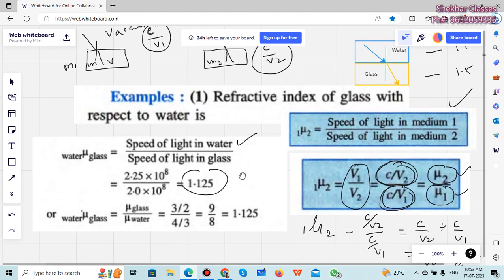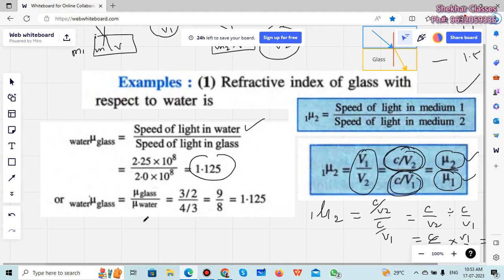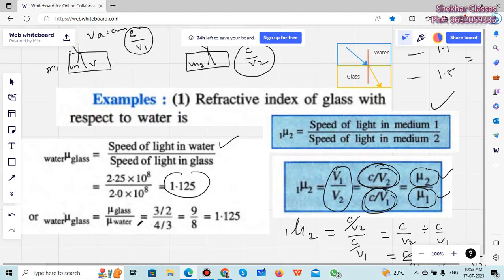Now when we have to find the relative refractive index between water and glass, that is, the refractive index of glass with respect to water, it means the light is entering from water to glass.